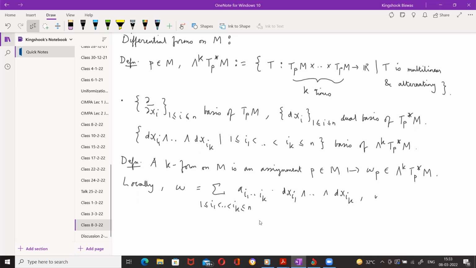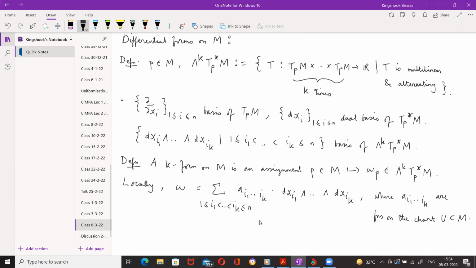where a i1 to ik are functions on the chart U in M, right?